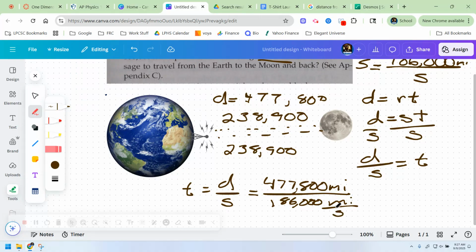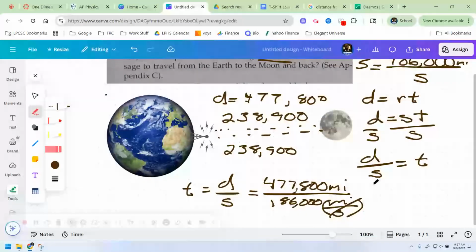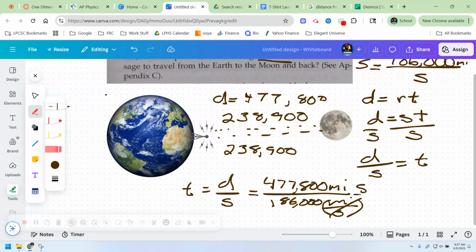When you divide by this, you're actually multiplying by the reciprocal. So you end up putting seconds up here and miles down here. The miles will cancel, and your final answer is going to be in seconds.